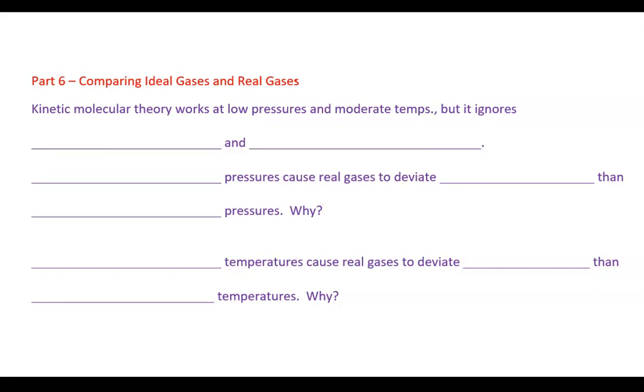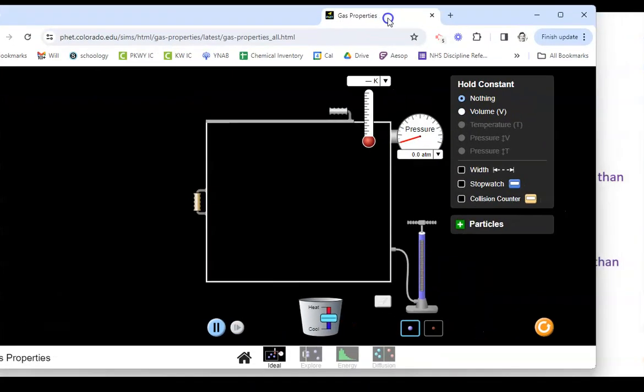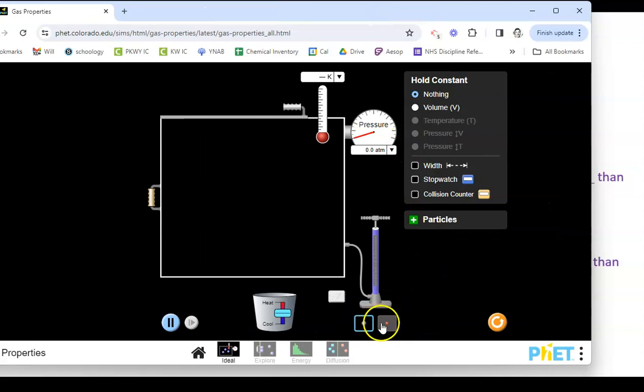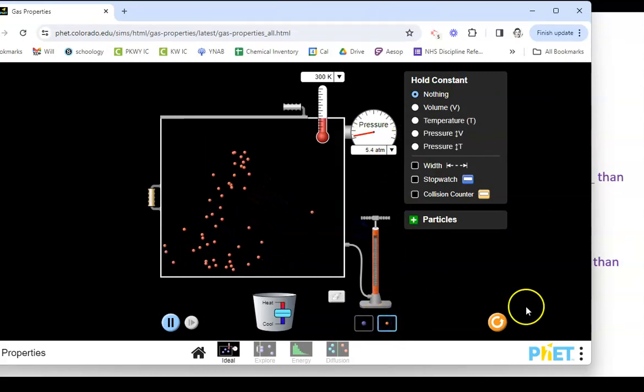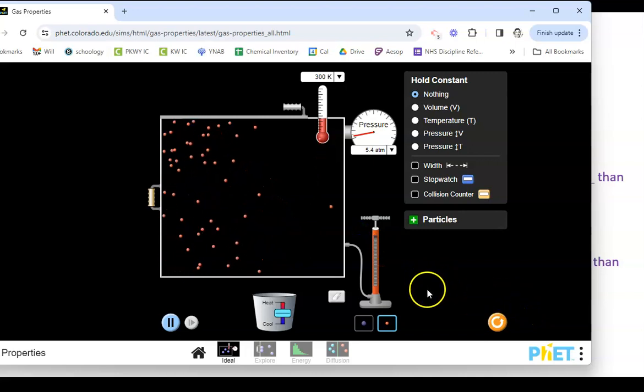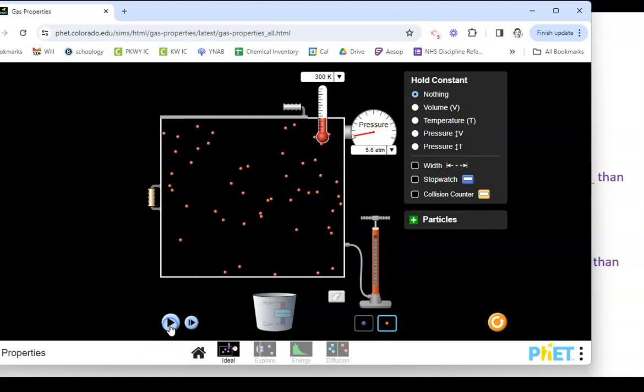And so if we think about what's happening there and what's wrong with that idea, if we take a model here from our little PhET activity, and we pump a little bit of, let's just say, the smaller gas into this container, what we're imagining here, if we just pause this, is that these little red particles are, let's say, helium atoms.